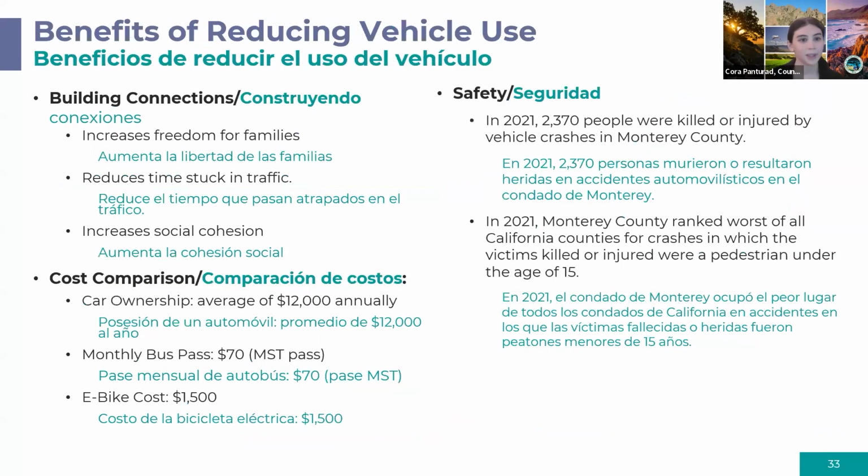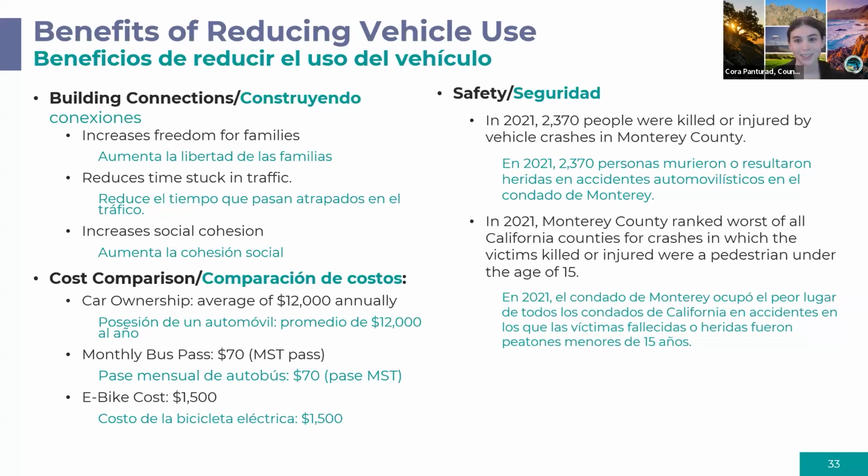The first among these is that it builds connection. Being able to move from driving a car everywhere you have to go in your own personal vehicle, and being able to have the choice between other modes of transportation, increases freedom for families in the county. It can also reduce time stuck in traffic, which I think we can all agree we don't want to be spending more time in.